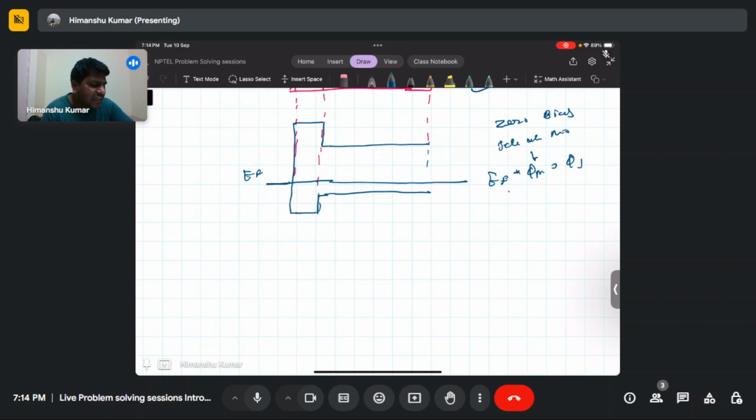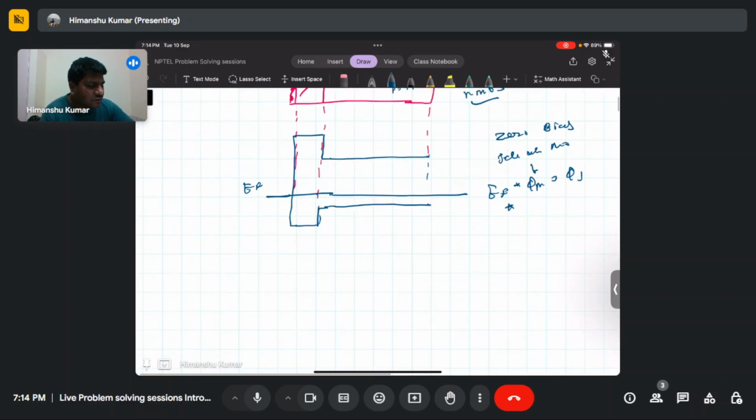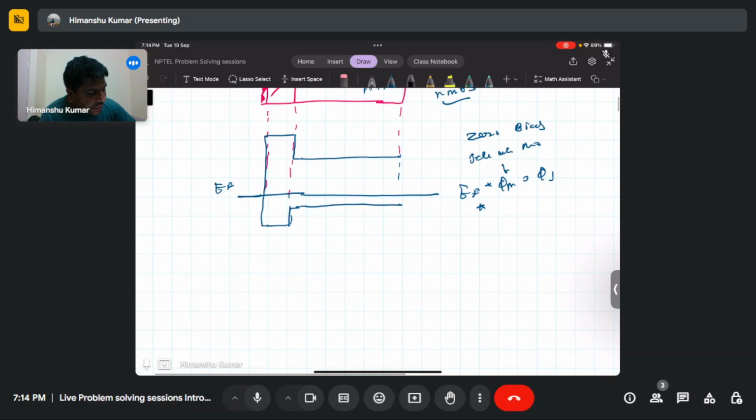Second, you consider the dielectric region, this oxide region, to be free of any type of charge carrier.